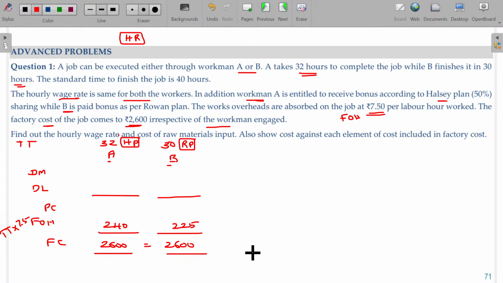Now, what about the direct labor? Direct labor for A is time taken into hourly rate, plus 50 percent of time saved into hourly rate.